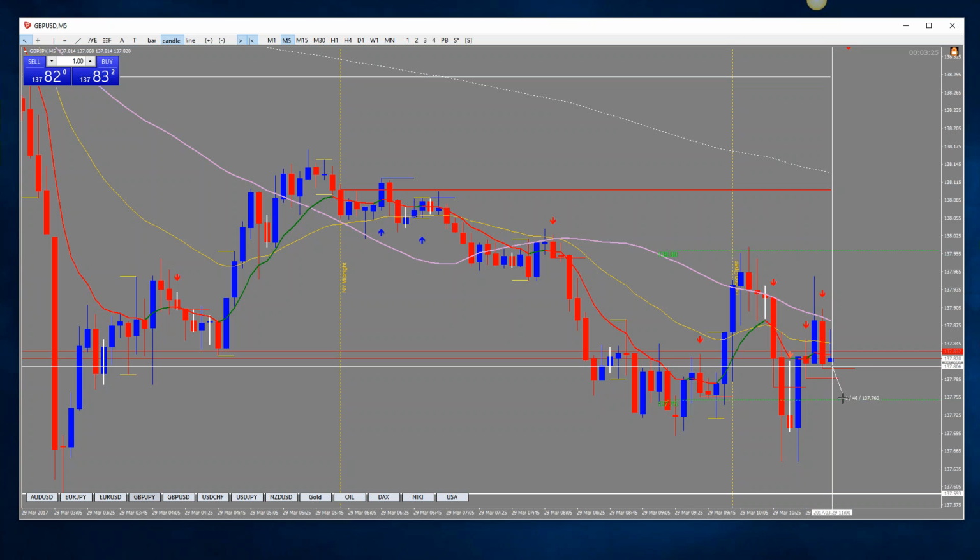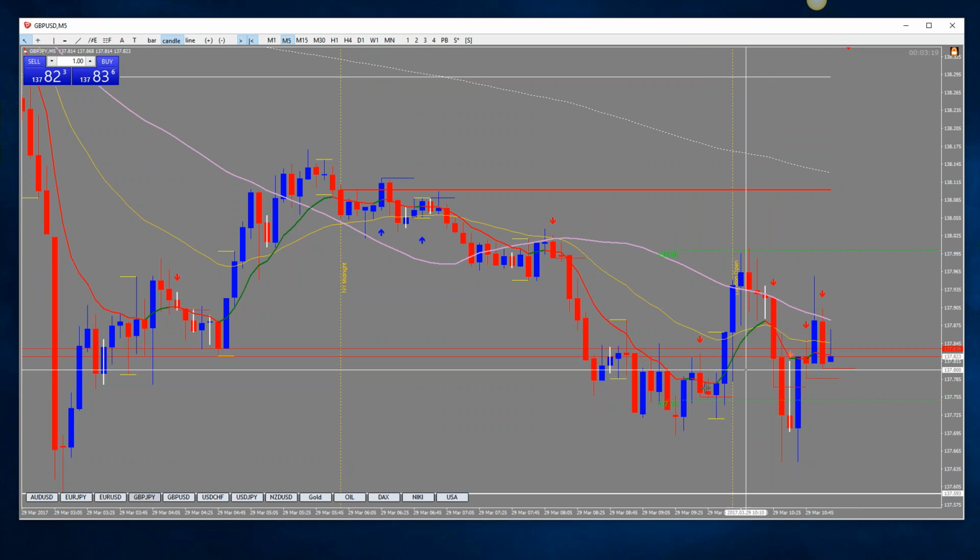So we have now, I'm going into all of this consolidation here, so it's not really a solid trade for me, this pound yen, to take it short, and I don't have a break of this signal here to go short.